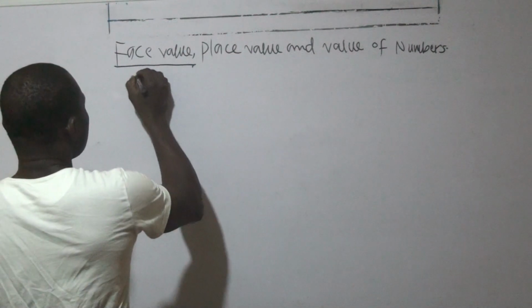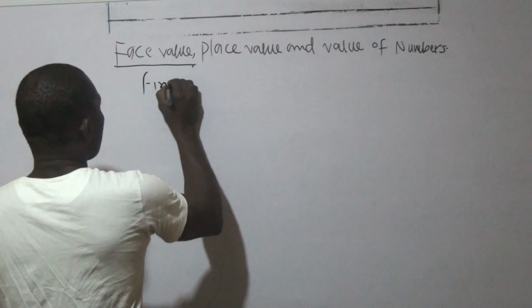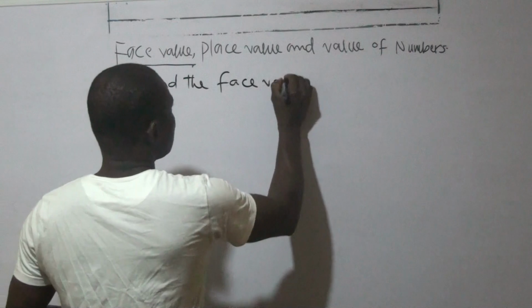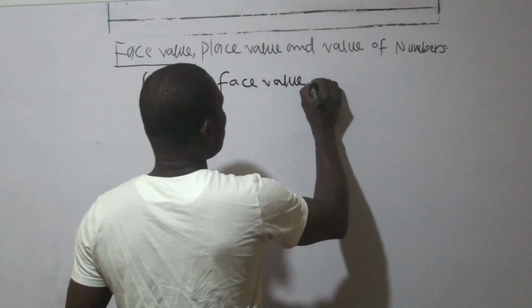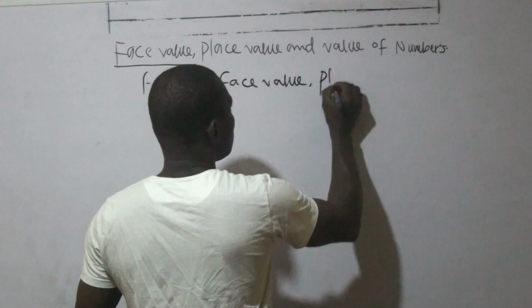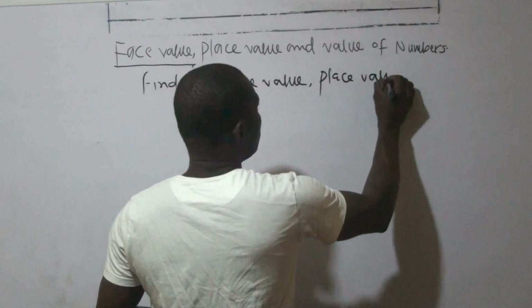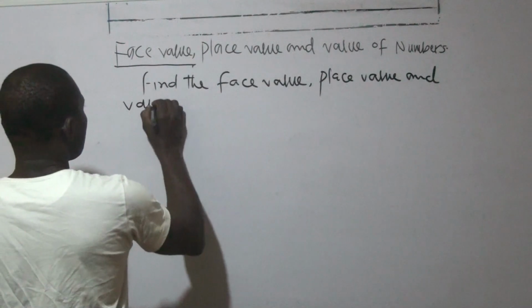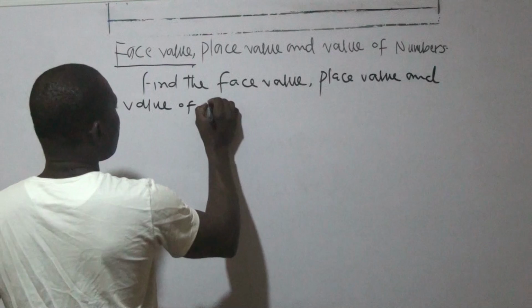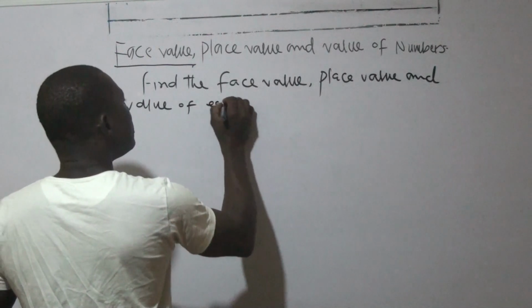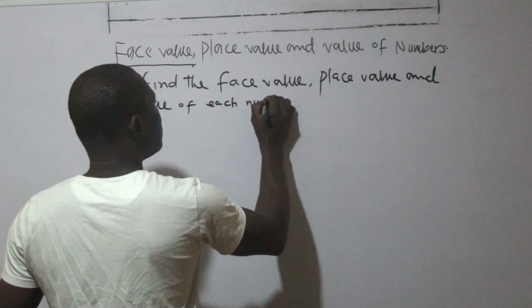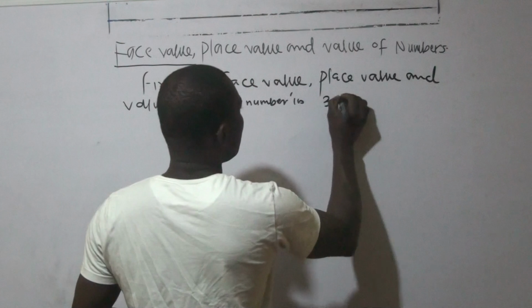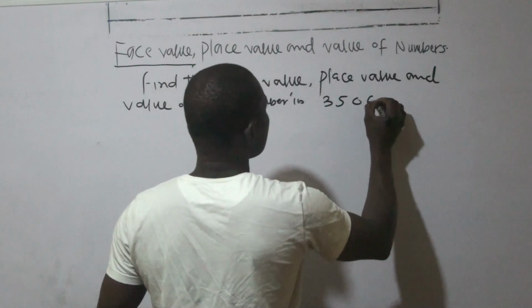Example: find the face value, place value, and value of each number in 3, 5, 0, 6.